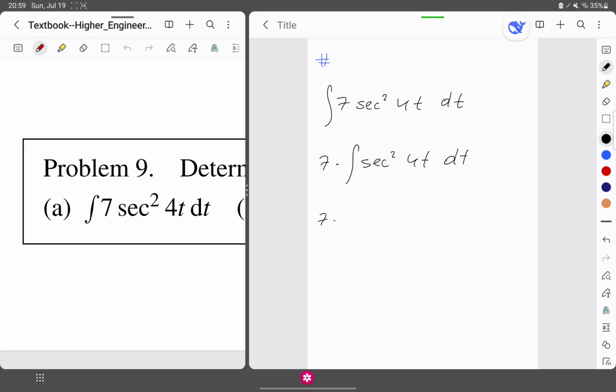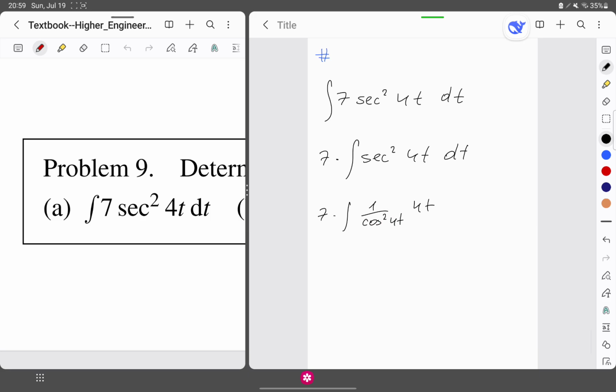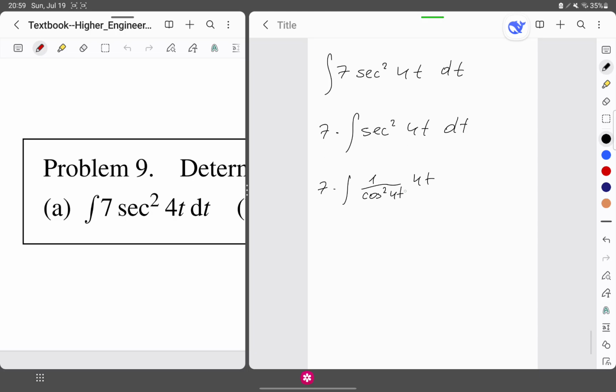Secant is what? 1 over cosine, so 1 over cosine squared 4t. And the integral of that is tangent, so 7 times tangent 4t. Oh my gosh, I got confused.